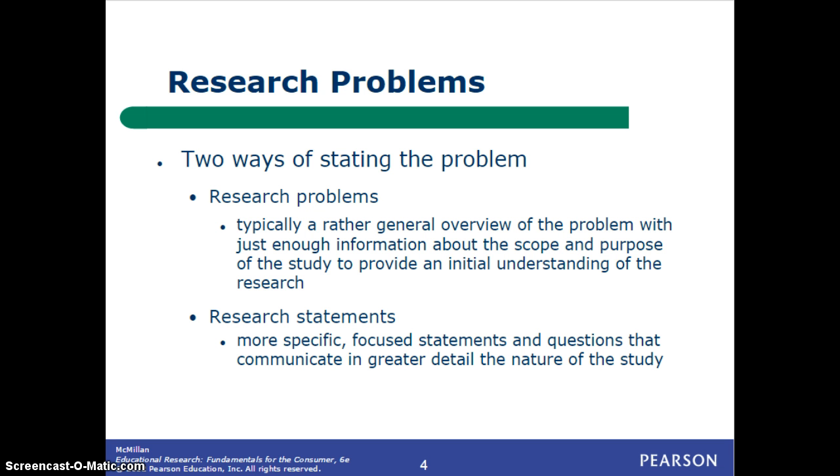And we have a problem with bullying between female students and male students within a particular class even. And so a research statement gets a lot more focused and direct in providing guidance both for the reader of our research study, but also for us as researchers.